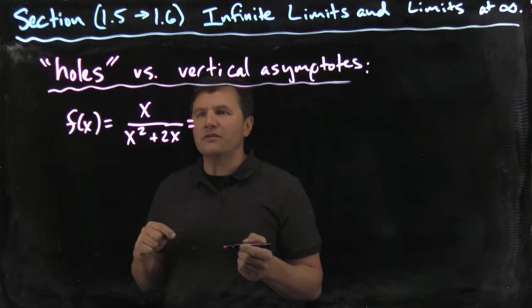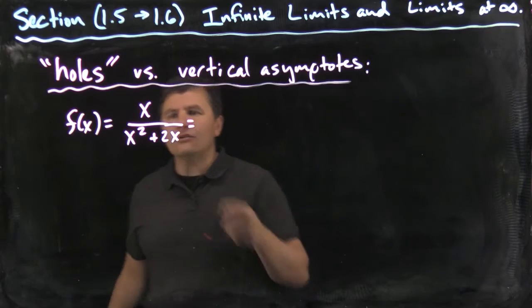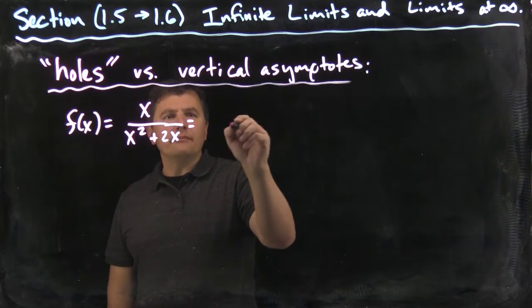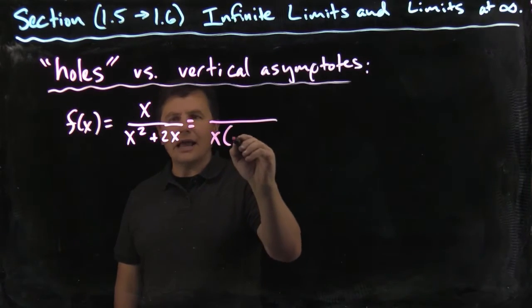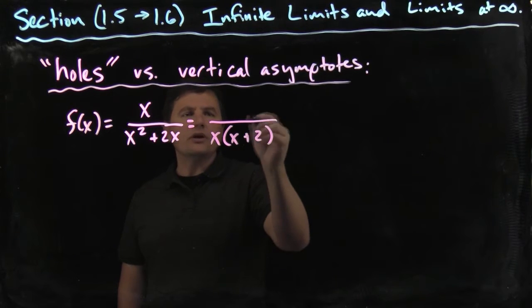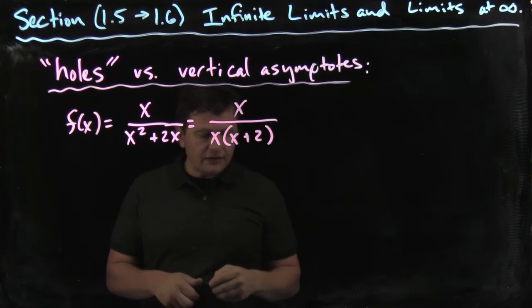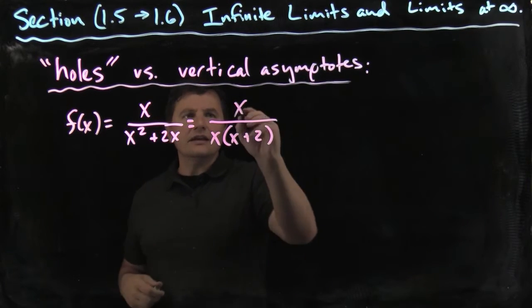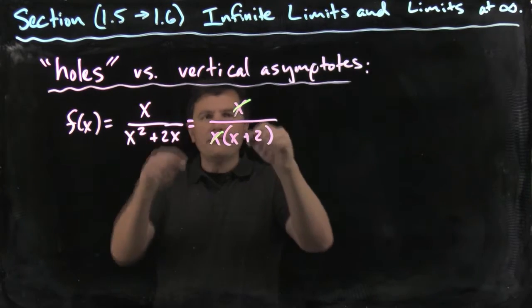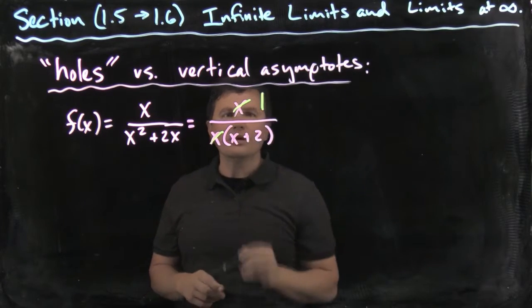So for instance, in this particular case, I can factor the denominator, factor out an x, and get x plus 2. Now what I see is I can cancel the x's. Now let's be clear, these are not the same functions if I cancel these out.